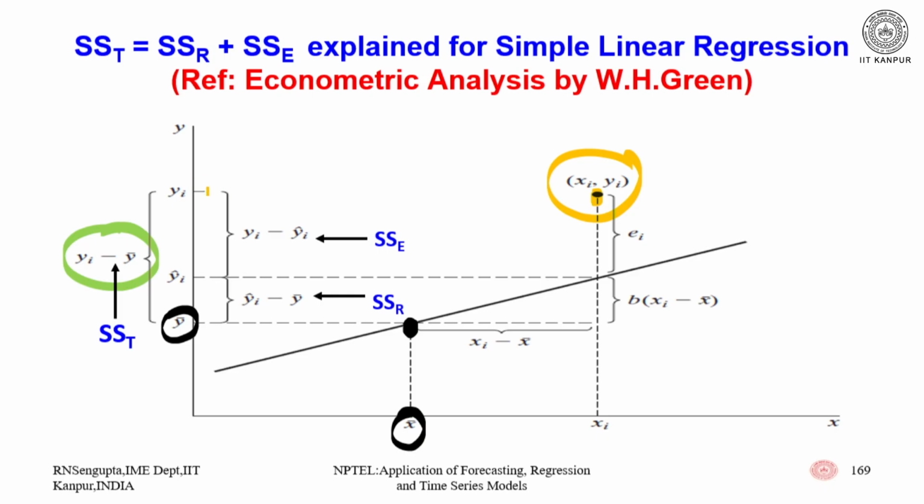Yi is this point, y bar is this point which I have already marked. I am using the black color, but as required I will remove the colors as we proceed.